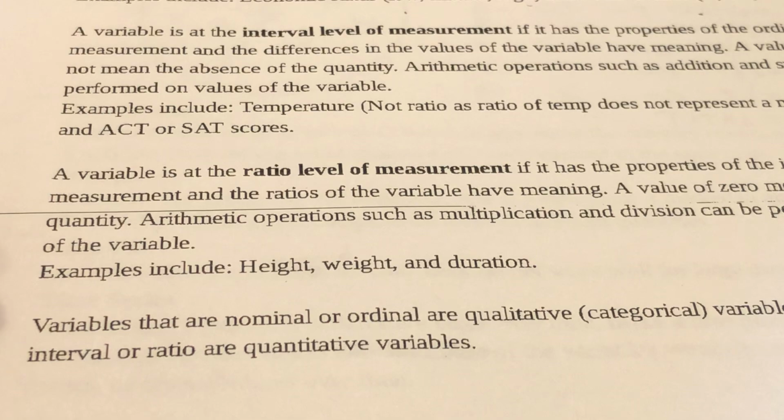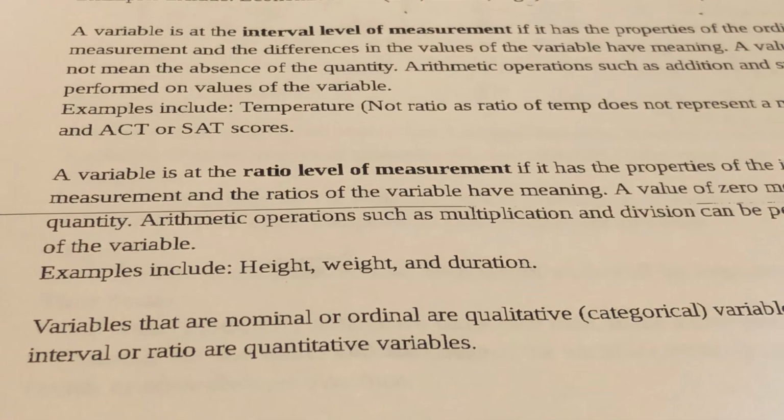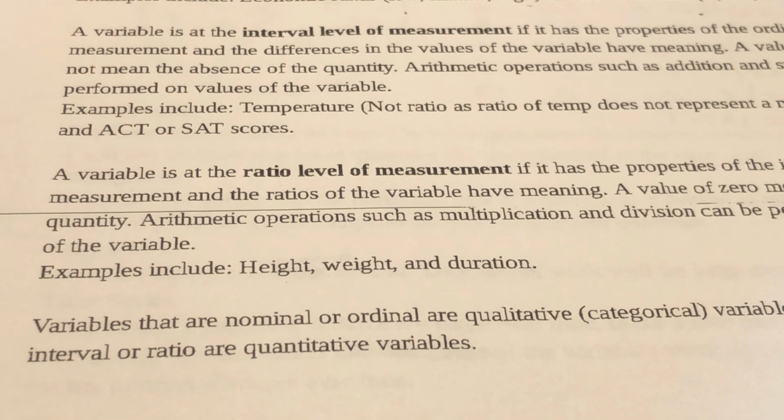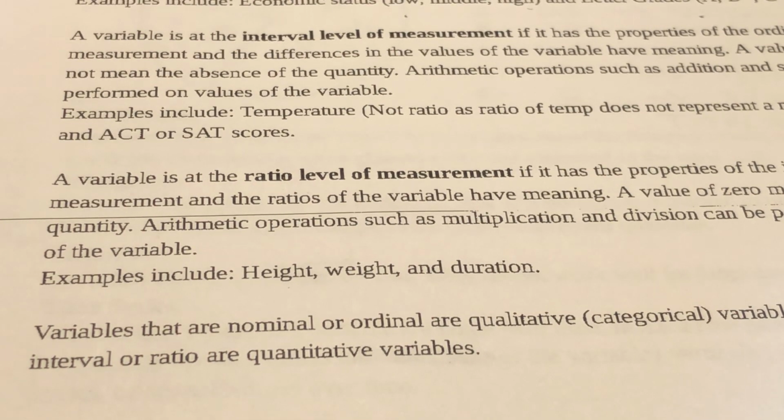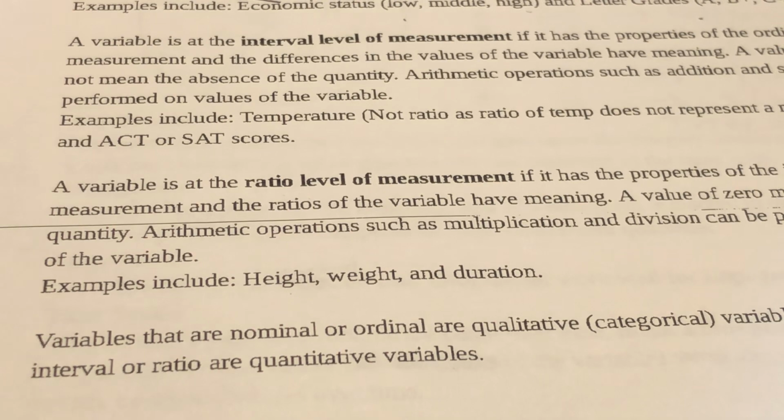A variable is at the interval level of measurement if it has properties of the ordinal level and the differences in the values of the variable have meaning. A value of 0 doesn't mean the absence of the quantity. You can do arithmetic operations such as addition and subtraction. So temperature, because if it's 60 degrees out and it's 30 degrees out somewhere else, I can't say the temperature is twice as high.